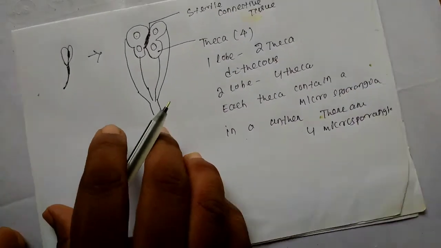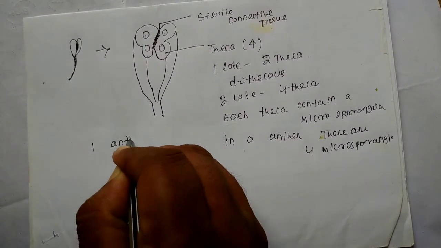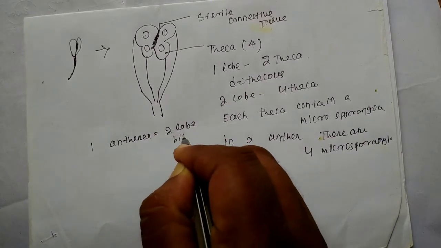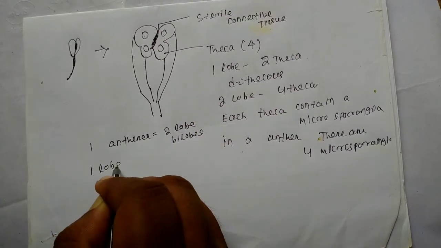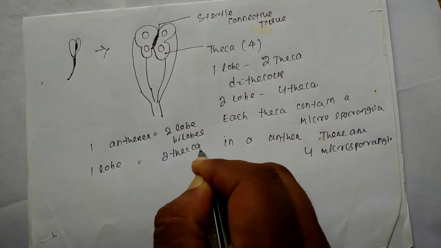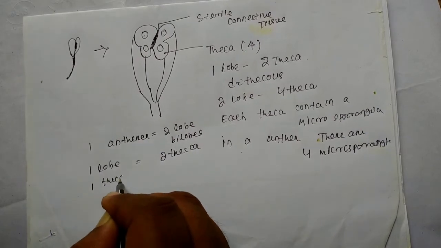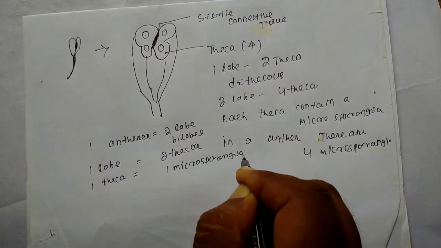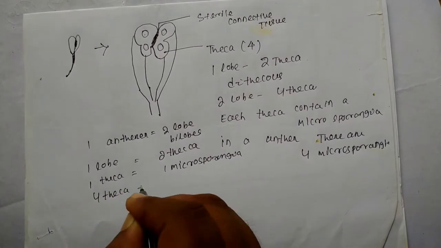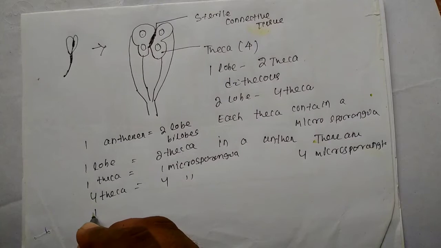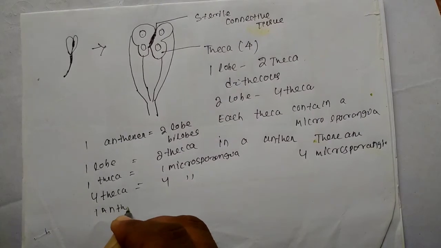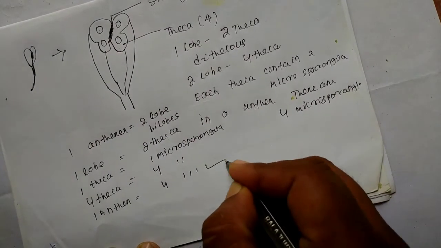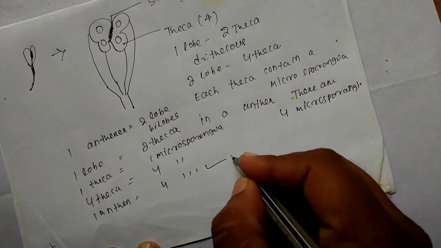In conclusion: one anther, two lobes, meaning bilobed; one lobe, two theca; one theca, one microsporangium. So four theca, four microsporangia, and in one anther, four microsporangia. These four microsporangia give pollen sacs at the mature stage of the anther.